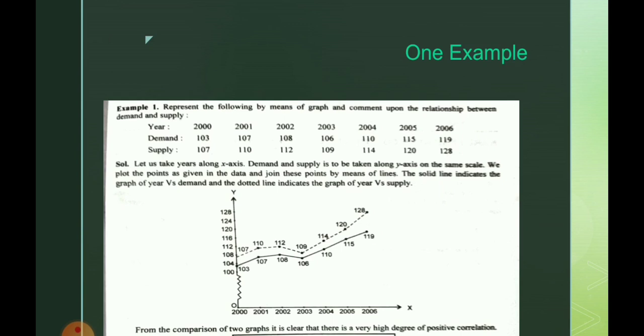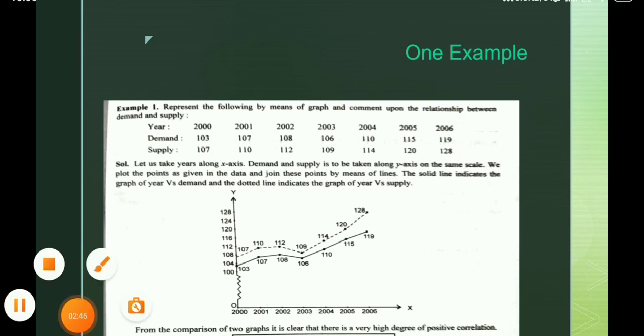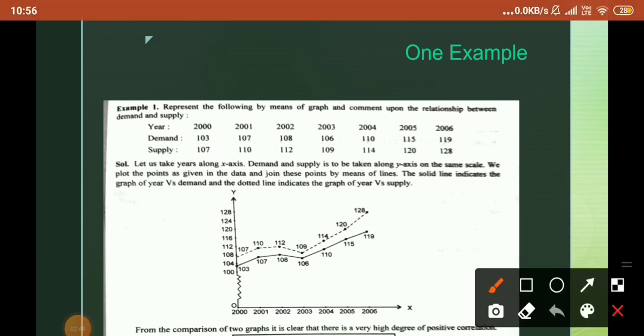You plot the years on the x-axis, and on the y-axis you plot both sets of data, demand and supply. In 2000 we have demand as 103, so here is the 103 point, and the supply is 107, so you plot the 107 point.